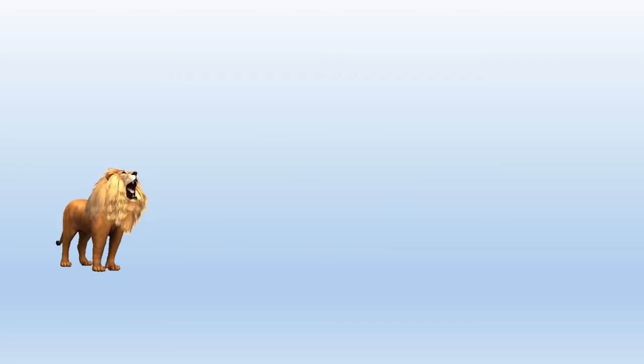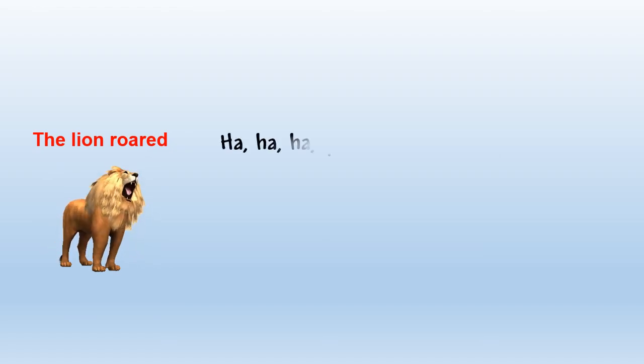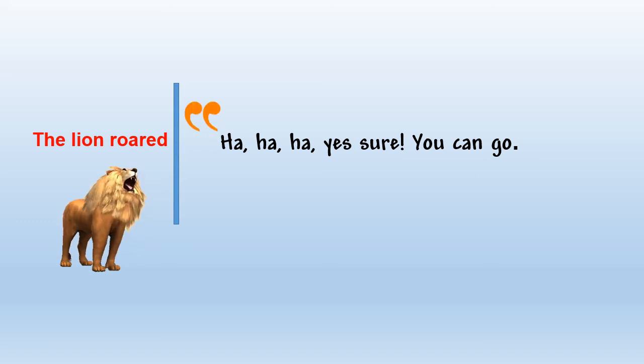Let's try another sentence. The lion roared, "Ha ha ha! Yes, sure, you can go." We have separated the lion and his spoken words, and we know what he said. So we put the ha ha ha, yes, sure, into speech marks.